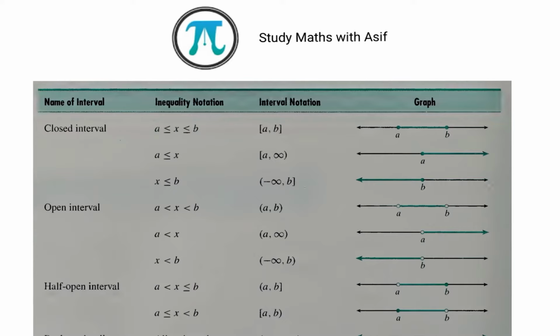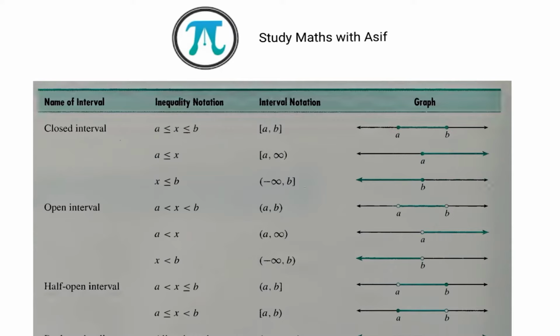What is the purpose of using these square brackets? When we use the square brackets, we include the endpoints as well as all the points inside the interval. You see, from here to here, these are the points which are included in this interval.